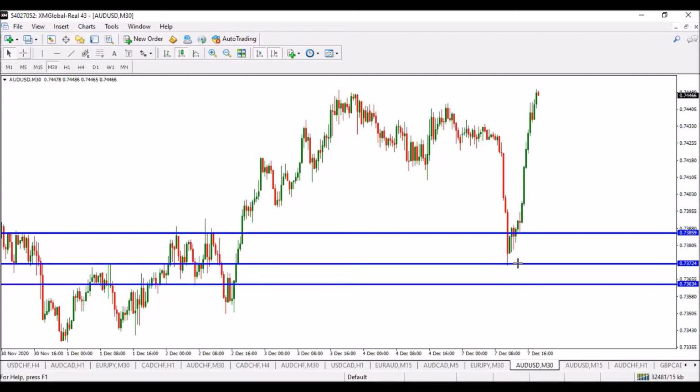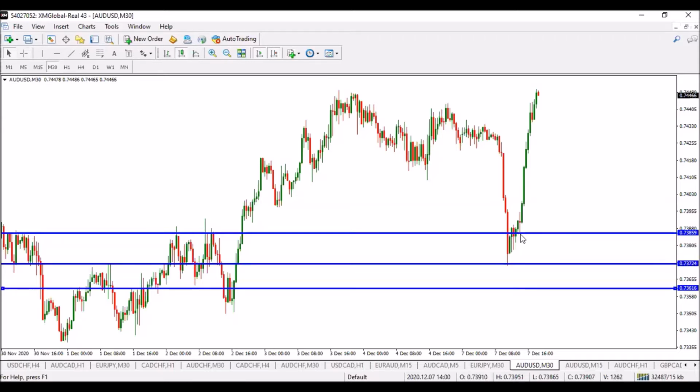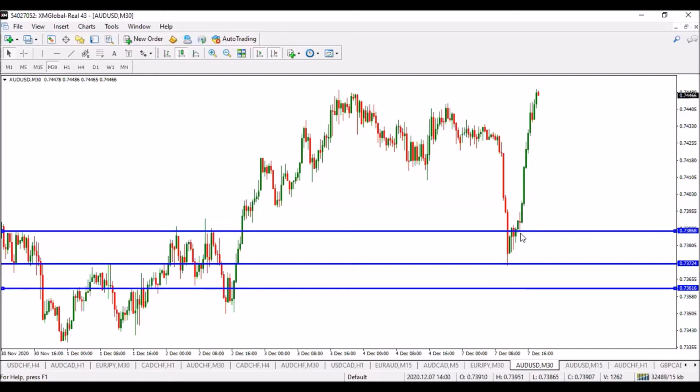Remember, this is scalping fundamentals. When the news is released, it can go either down or up, so whichever way it goes, you're ready.